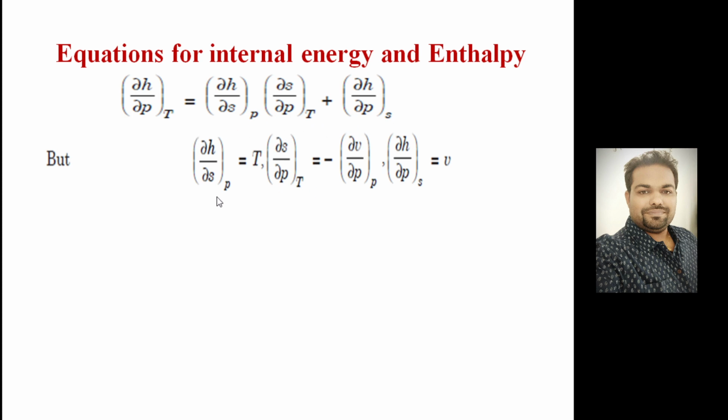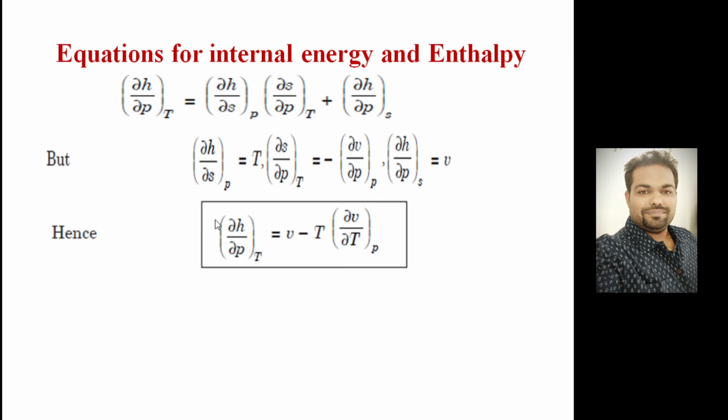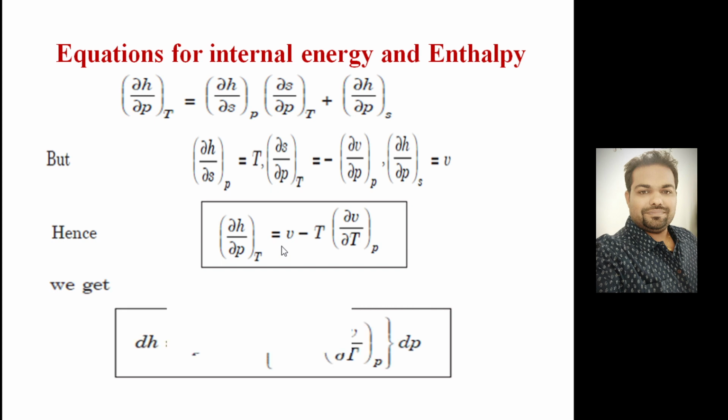This is the fundamental dh equal to T ds, and this is V. If you substitute back, you can get ∂h/∂P at T this value, and substitute this back into the first equation, you can get dH. So dH is equal to Cp dT plus bracket V minus T ∂V/∂T at P, dP. So this is regarding the enthalpy relation.